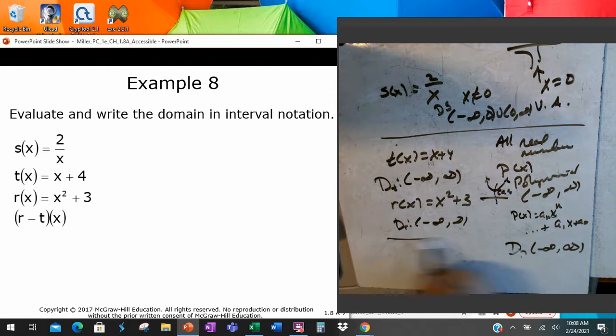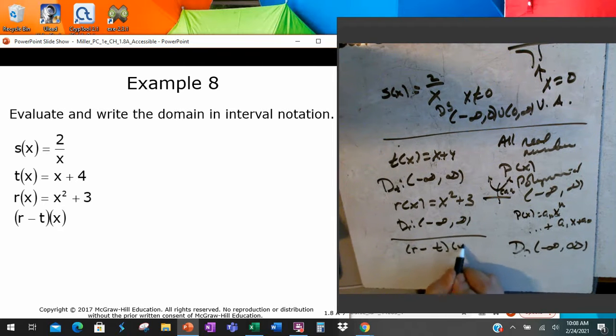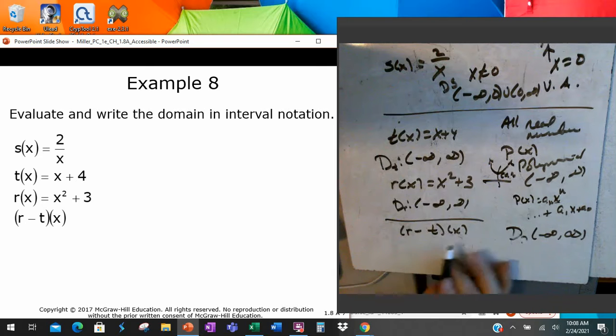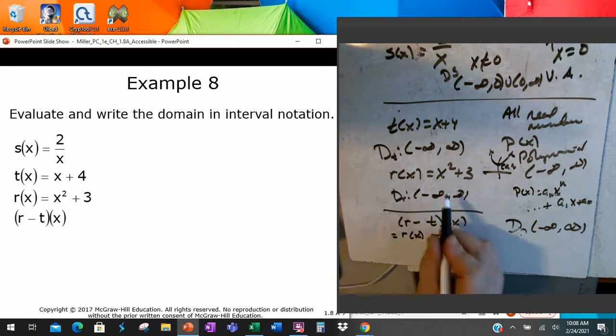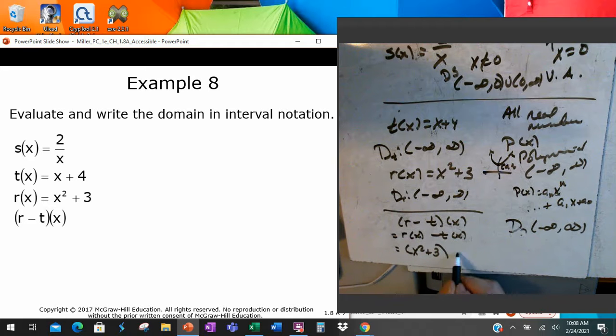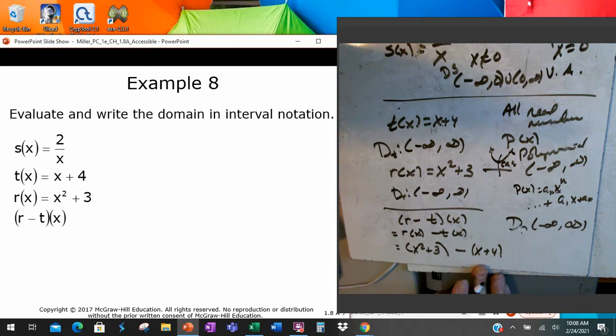And then finally it says r minus t of x. Evaluate this thing. Well, this is my r of x minus t of x. x squared plus 3 in parentheses minus my t of x, which is x plus 4 in parentheses.